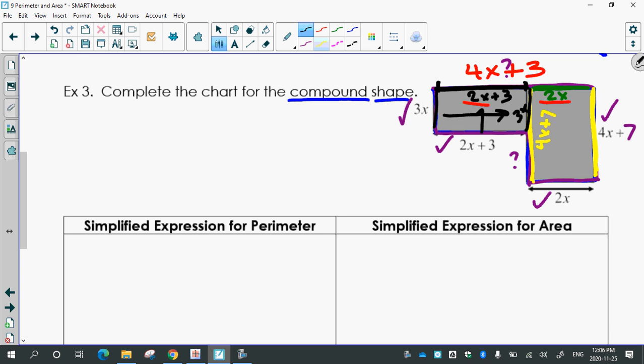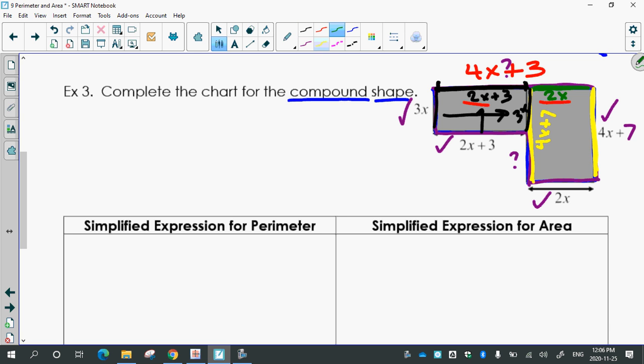So what would have to be where the question mark is? What do I add to 3x to get 4x plus 7? It's kind of like yesterday's missing side question. So I need 4x. Yes, this whole big thing is 4x plus 7. What would I have to add to 3x to get 4x? That would have to be on that side.